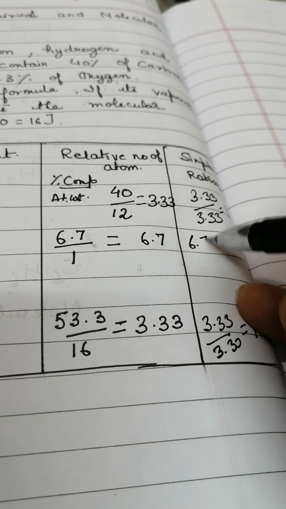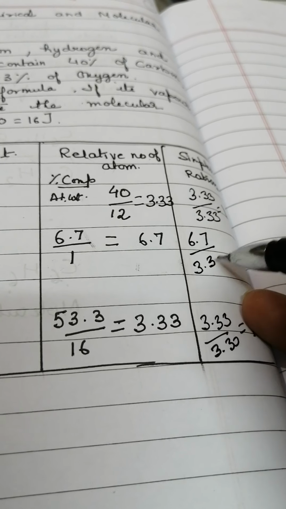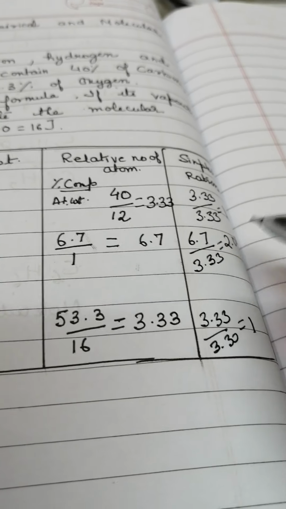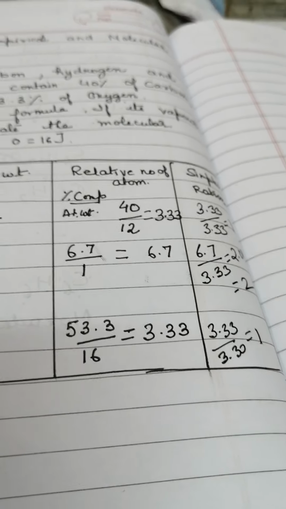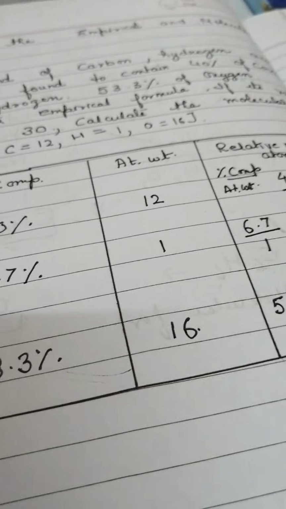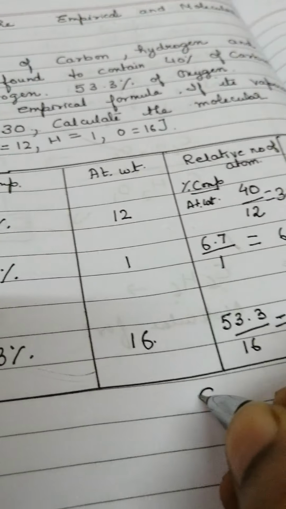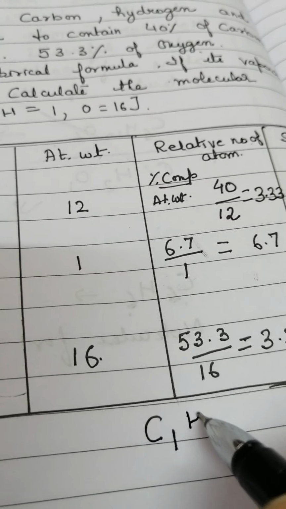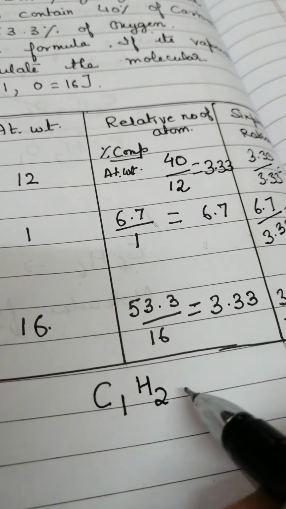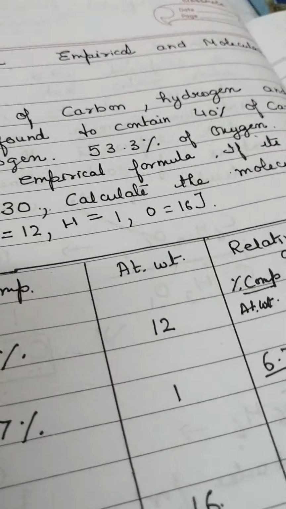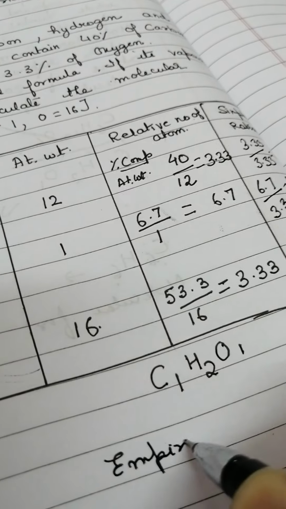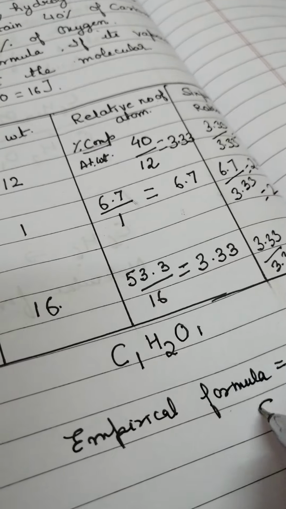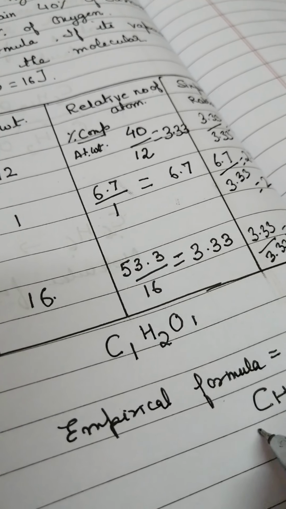Then 6.7 divided by 3.33 comes out to be around 2.01, which can be taken as 2. This will give you the empirical formula: carbon is 1, so C1; hydrogen is 2, H2; and oxygen is 1, O1. So the empirical formula of this compound becomes CH2O.